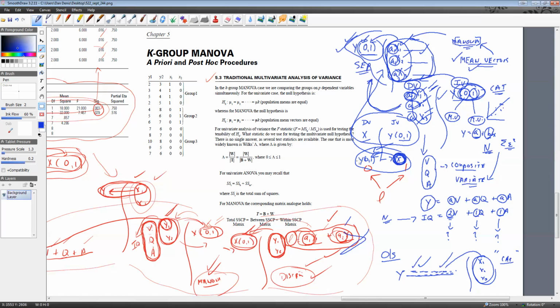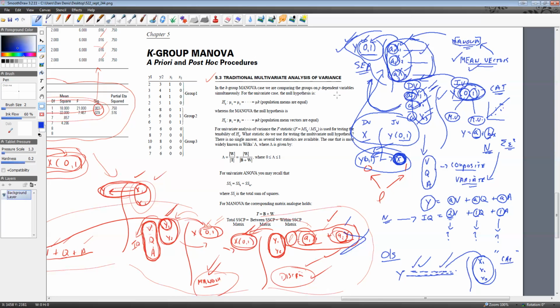Okay. So let's talk about the K-group MANOVA. We've talked about the two-group MANOVA, and what was the two-group MANOVA? It was Hotelling's t-squared. The analogous version of the univariate t in multivariate terminology is called Hotelling's t-squared. Now, you're not going to find too many programs on Hotelling's t-squared.